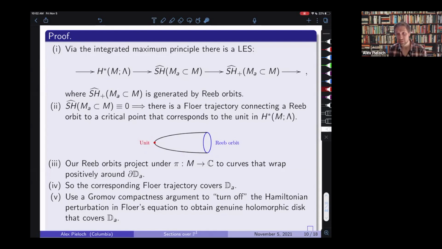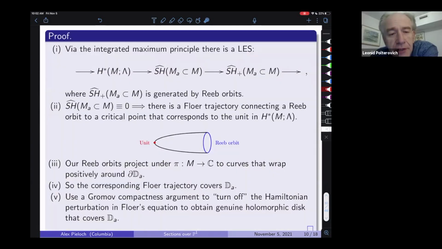And there's a piece of this pearl necklace that still gives us a genuine holomorphic multisection over the disk of radius A. And so this is the idea. Local symplectic cohomology vanishing gives us a pseudo-holomorphic plane that sweeps through our space, and then we turn off the Hamiltonian perturbation to get the actual multisection over the disk.